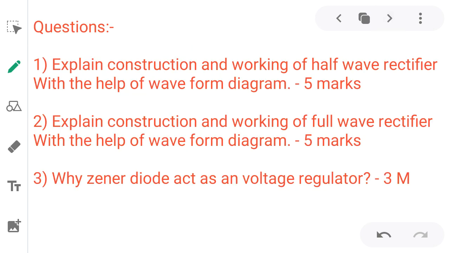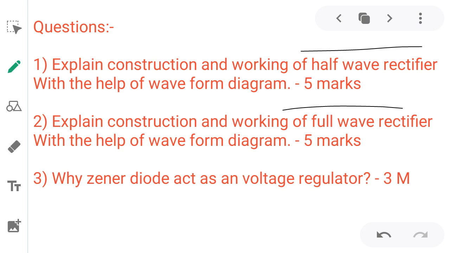So Zener diode acts as the voltage regulator. Now questions based on this session. I already said the 5 mark question is on the half wave rectifier and full wave rectifier. Explain construction and working of a half wave rectifier with the help of a waveform diagram. Same thing, explain construction and working of a full wave rectifier with the help of a waveform.